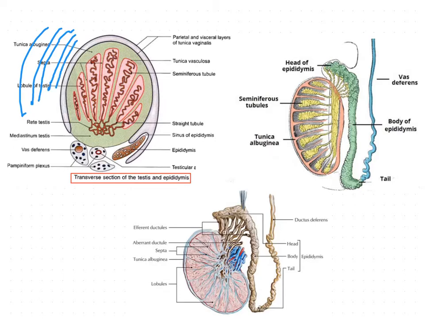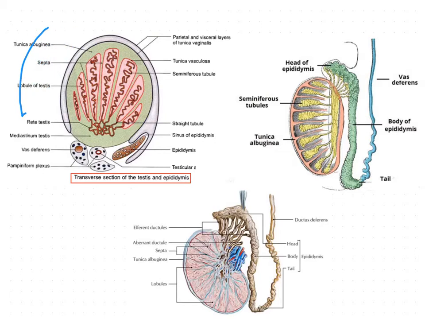How many layers? 5 layers. In addition to these 5 layers, another 3 layers coat the testis. That means totally 8 layers cover the testis: 5 layers of the scrotum and 3 additional layers.